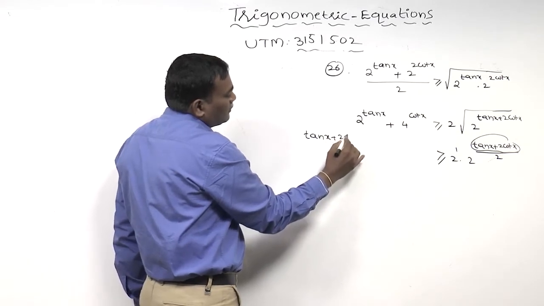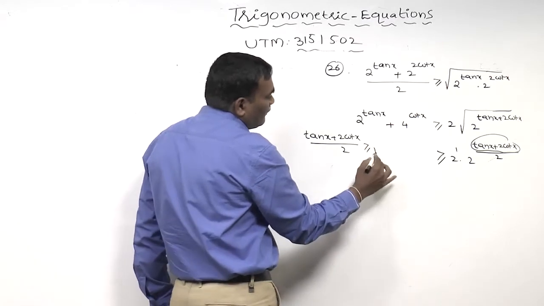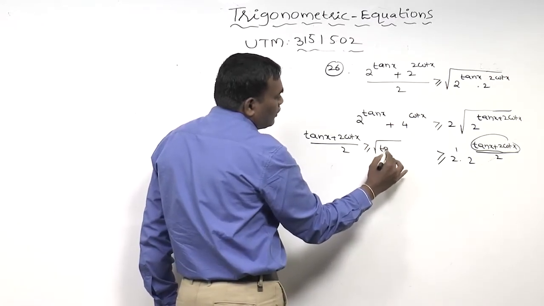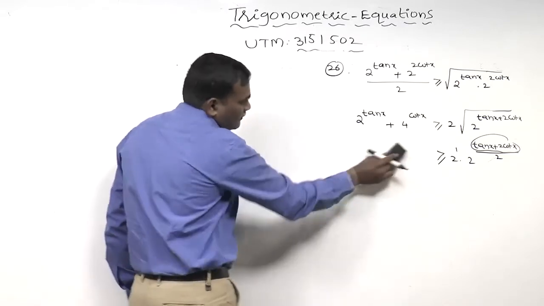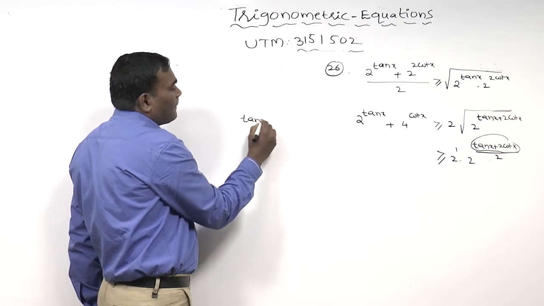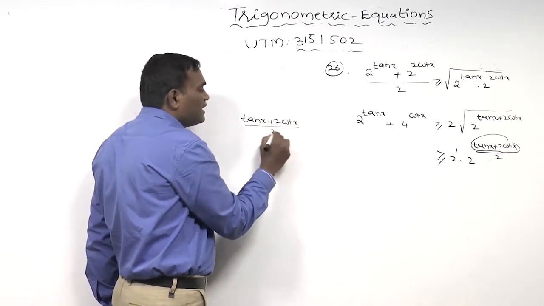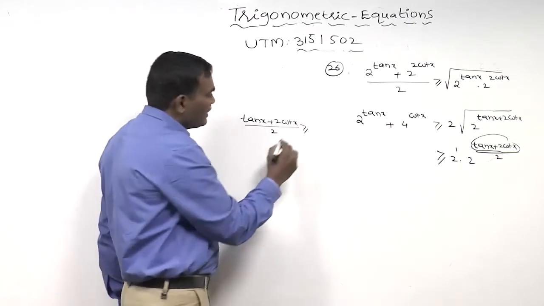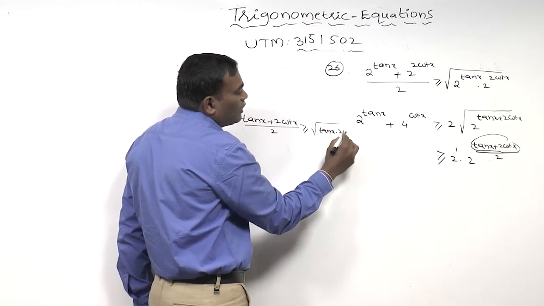Tan x plus 2 cot x by 2 is greater than or equal to, we can write like this, square root of tan x into 2 cot x.